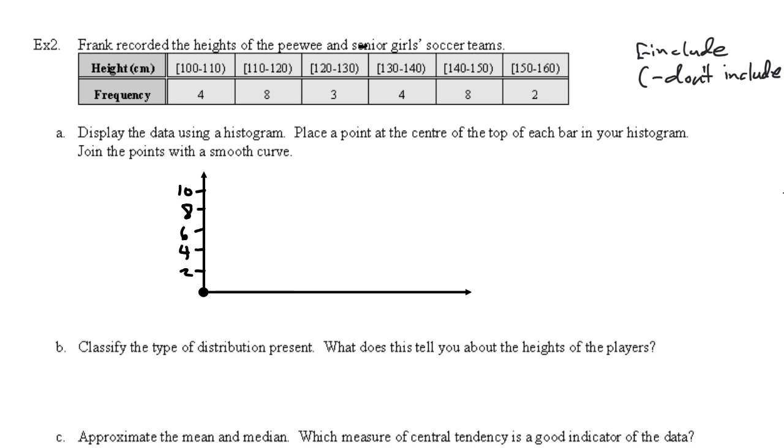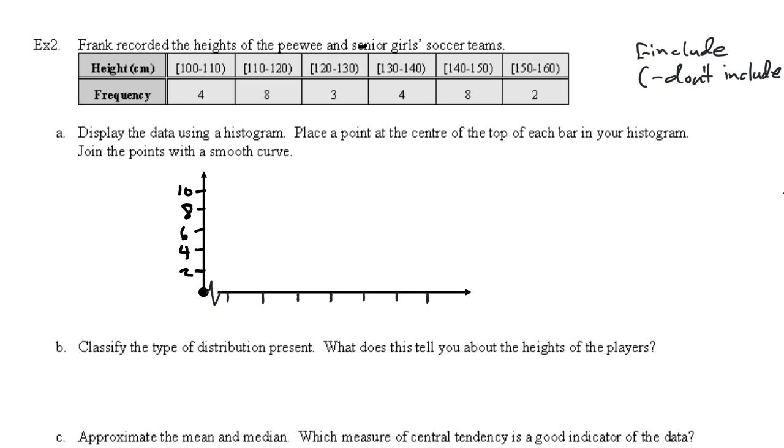So first we have to basically mark off all of our different ranges. The first thing I'm going to do is show that I've got a small change between 0 and 100. I'm not going to do anything less than 100. And then I'm going to label all the numbers from 100 to about the last value on our height chart, which is 160.